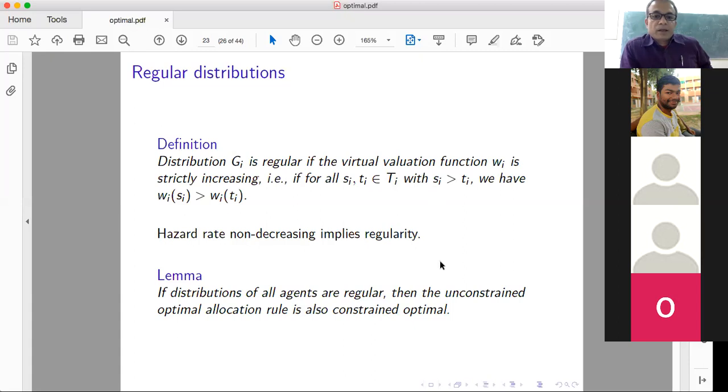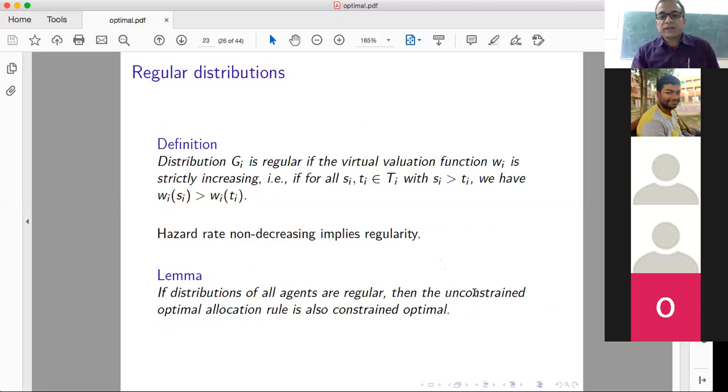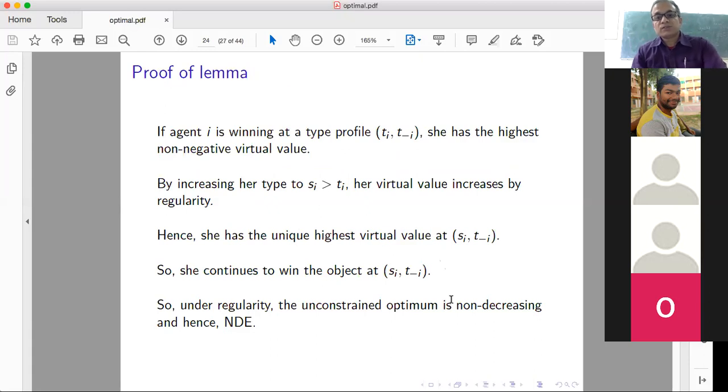Okay, and under that, the unconstrained optimal also satisfies the non-decreasing in expectation constraint. In fact, it satisfies a stronger condition, that the allocation rule is non-decreasing. Not only is it non-decreasing in expectation, but for every t minus i, the allocation rule is non-decreasing in agent i's type.